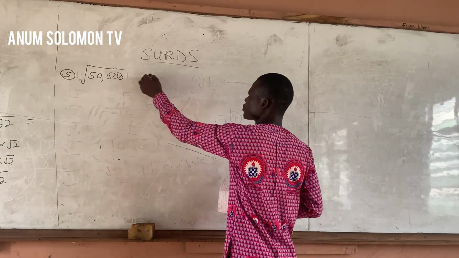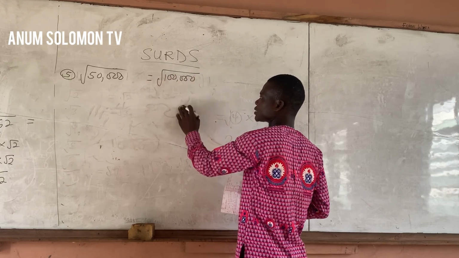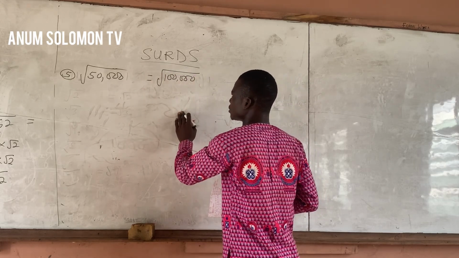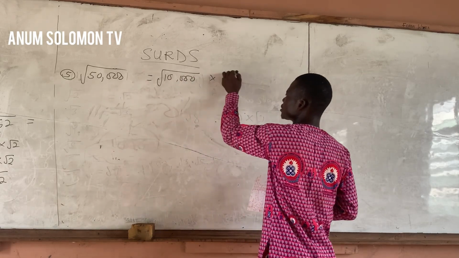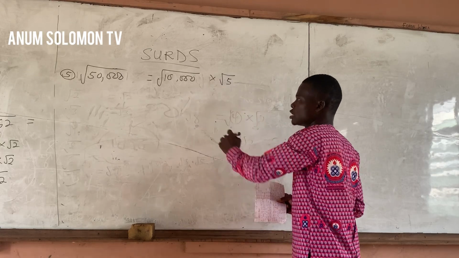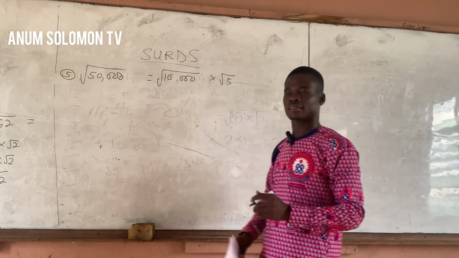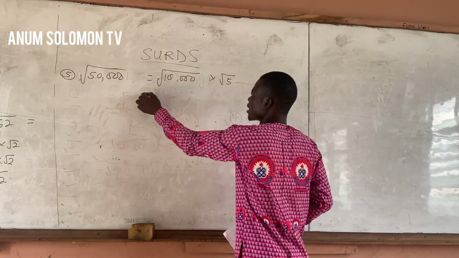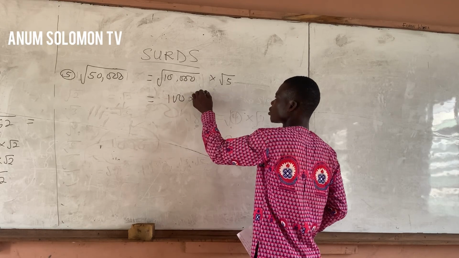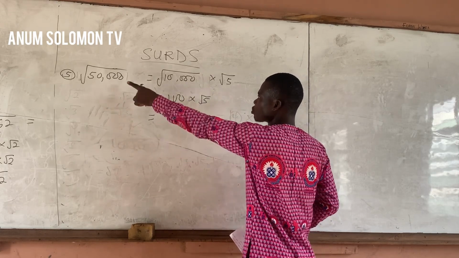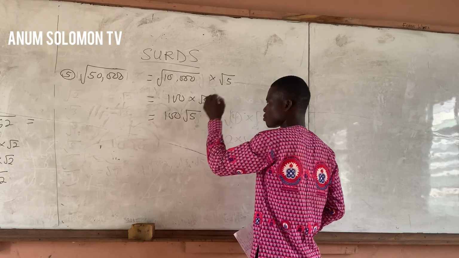The perfect factor of 50,000 is, sorry, it's 10,000 times 5. So 10,000 times 5 is 50,000. And the root of 10,000 is 100 times root of 5. And finally, root of 50,000 is equal to 100 root 5.